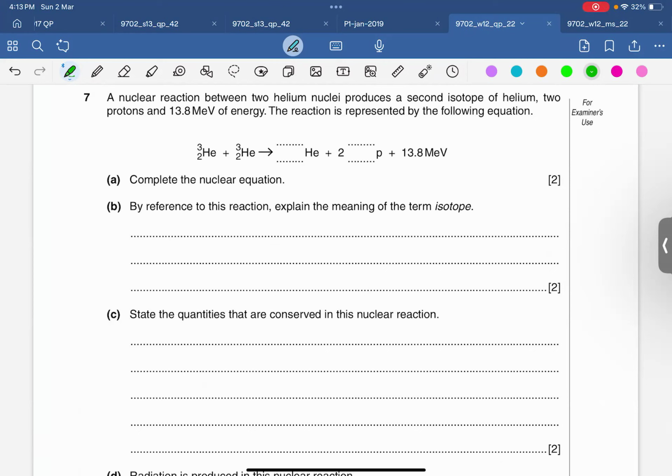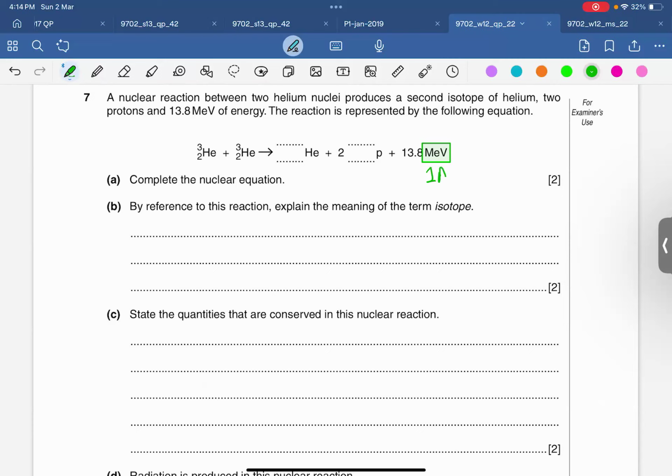A nuclear reaction between two helium nuclei produces a second isotope of helium, two protons and 13.8 MeV of energy. The reaction is represented by the following equation. Complete the nuclear equation. How do we read this? Mega electron volts. Okay, electron volt, and you should know the conversion.